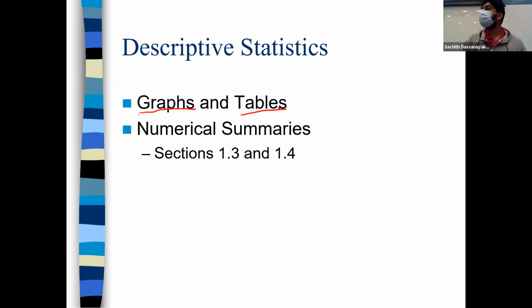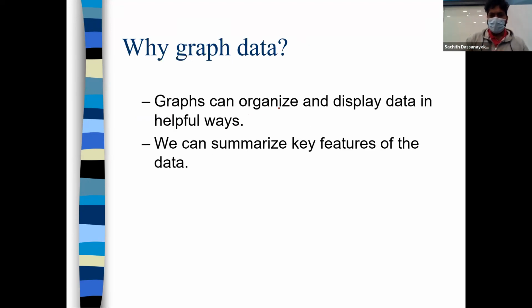And tables, normally if you consider a data set in general, you can see it's like a table. Then numerical summaries like mean, median, something like that. If you consider a graph, you know what a graph is, right? There are many types of graphs like bar chart, histogram, pie charts.